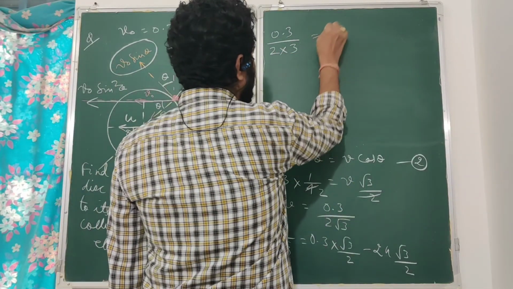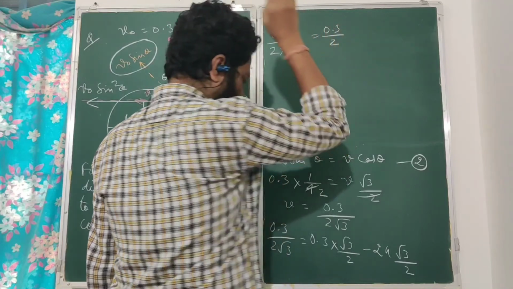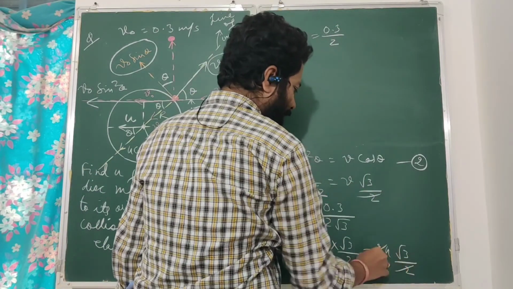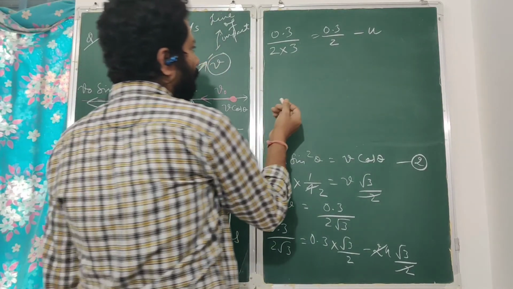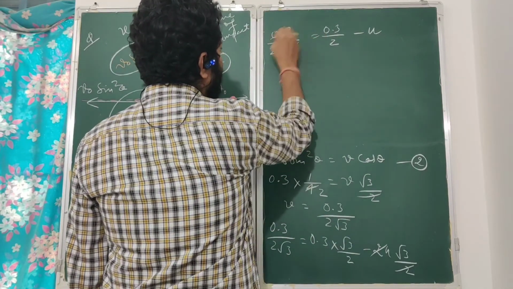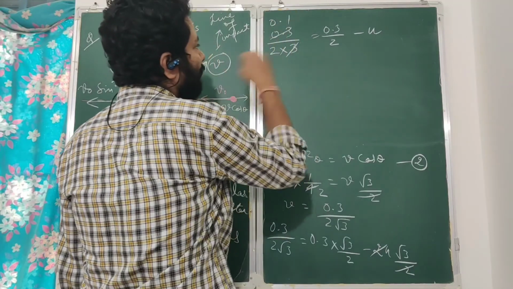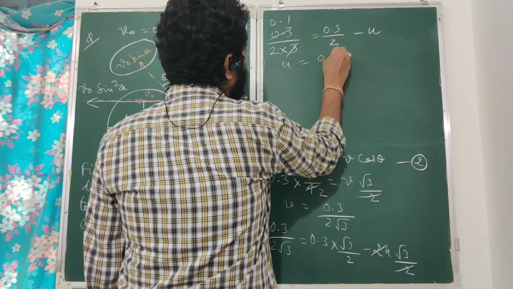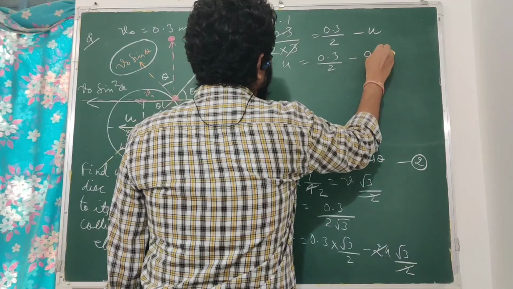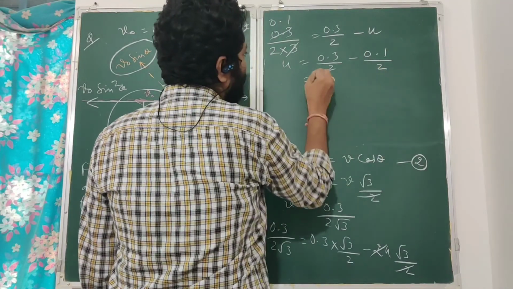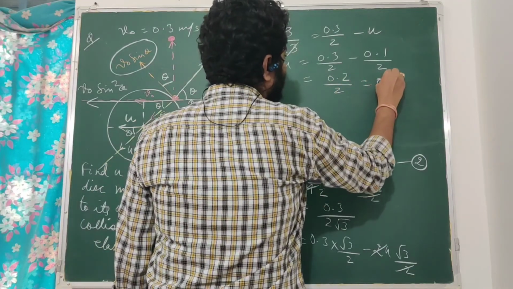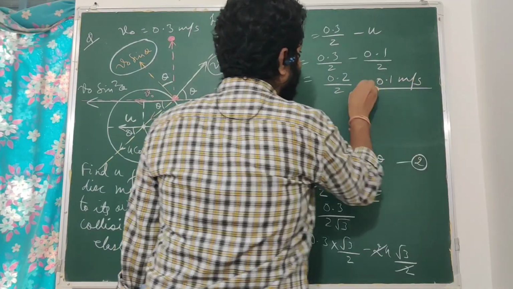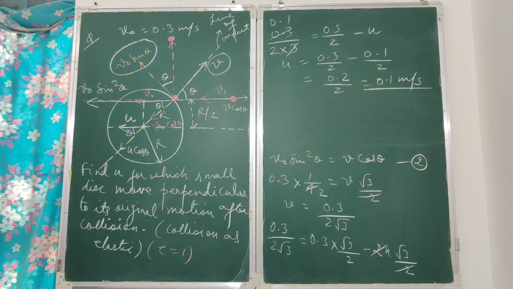Now you will get this as 0.3 by 2 minus u. So here 3 goes into 0.3 giving 0.1. So what is u? It is 0.3 by 2 minus 0.1 by 2. So it is 0.2 by 2, and that we can write as 0.1 meter per second. So the answer for this question is 0.1 meter per second.